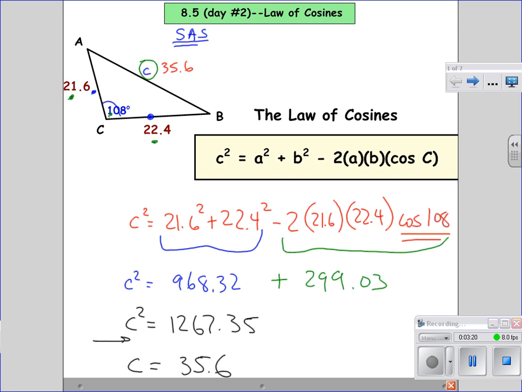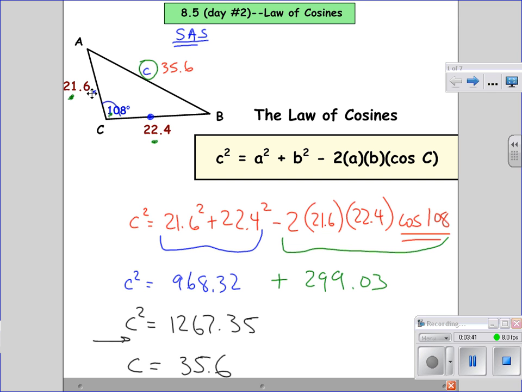So that's one of our two cases for law of cosines. It's basically a big recognition. You say, I've got side-angle-side, and I can go from here. Now the thing I want you to recognize is that after you use law of cosines, you can go back to your law of sines if the question says solve the triangle.